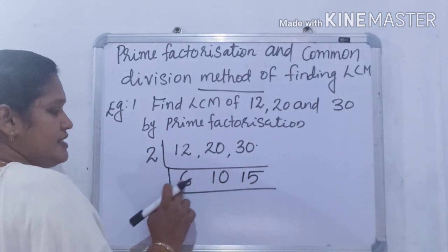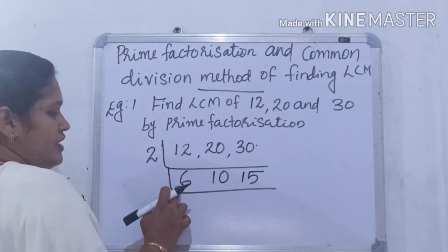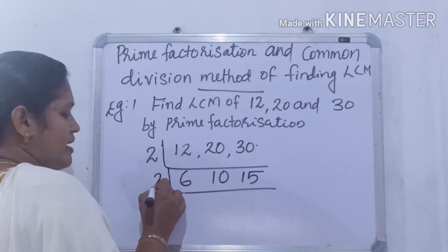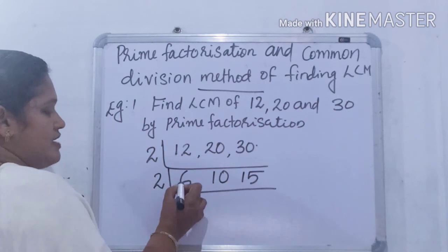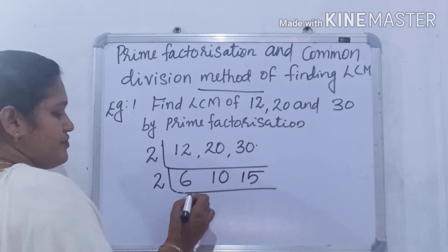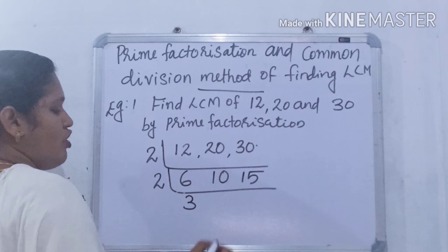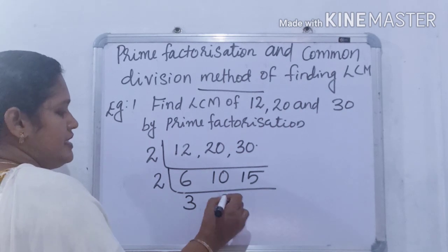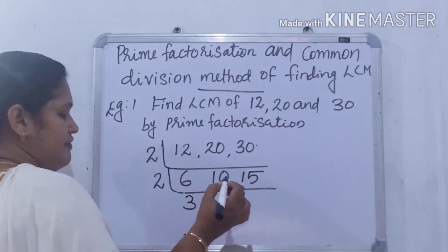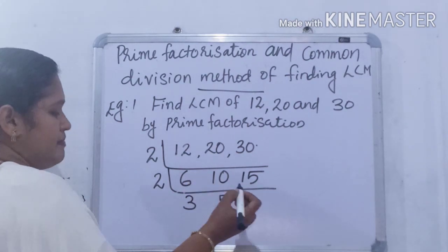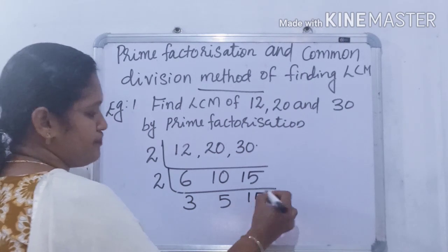So these two numbers are divisible by 2. We can divide these two numbers by 2. How many 2's are there in 6? 3 times. In 10? 5 times 2's are there in 10. 15 we cannot divide by 2, so write down 15 like this.